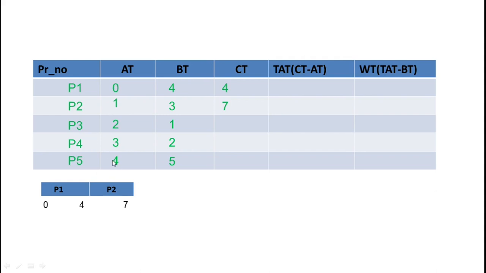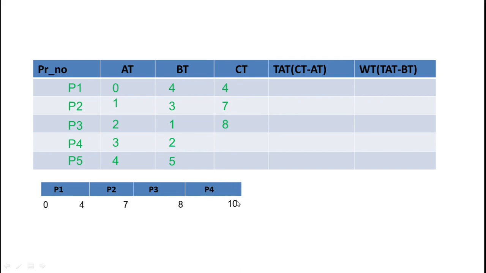So the next process P3 will start its execution from 7 millisecond, and the burst time of process P3 is 1. So 7 plus 1 is equal to 8. Completion time of process P3 will become 8 millisecond. Same for process P4. P4 will start its execution from 8 and burst time is 2.